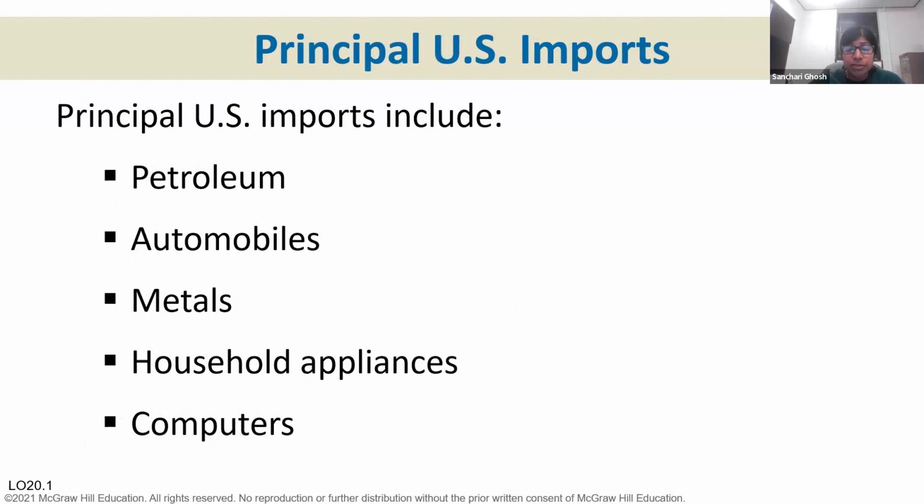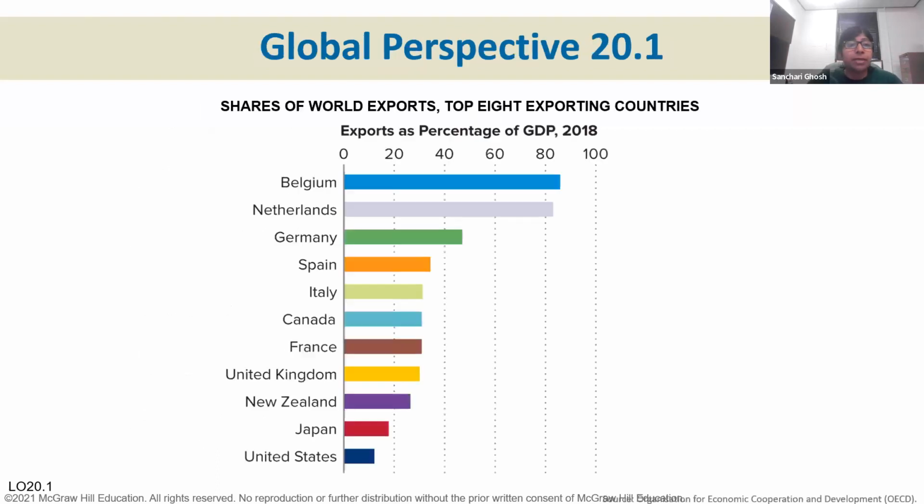It doesn't mean that US is importing a lot of these, but we do have some foreign market entry already accomplished in the 1980s. Foreign automobiles have dominated the US market. Household appliances, computers themselves, the hardware manufactured in China. These are the imports. US is bringing them in.